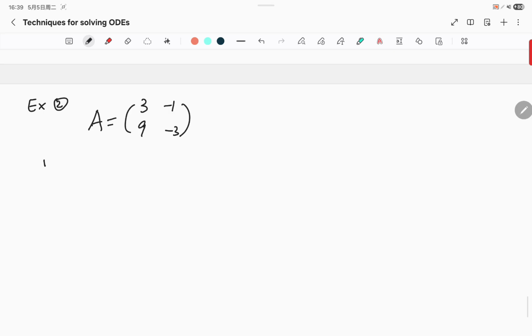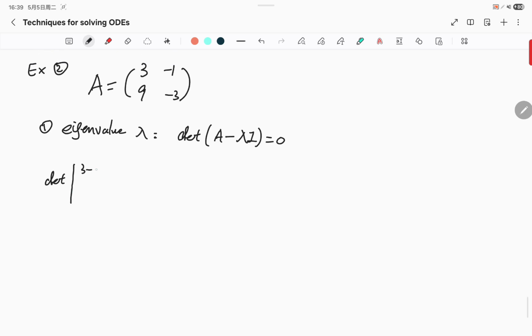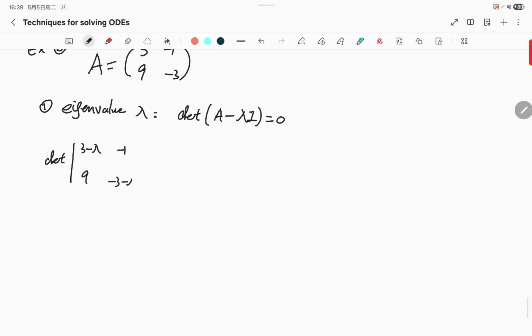So first step, eigenvalue lambda: the determinant of A minus lambda I is equal to 0. So we have 3 minus lambda, minus 1, 9, minus 3 minus lambda, is equal to 0.